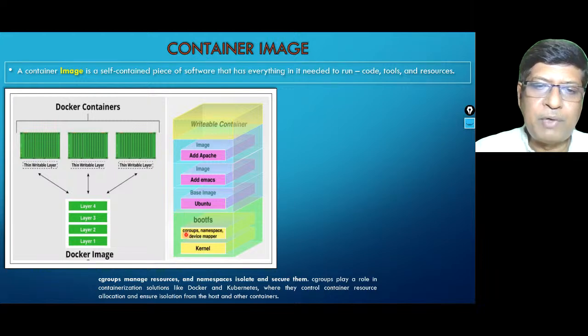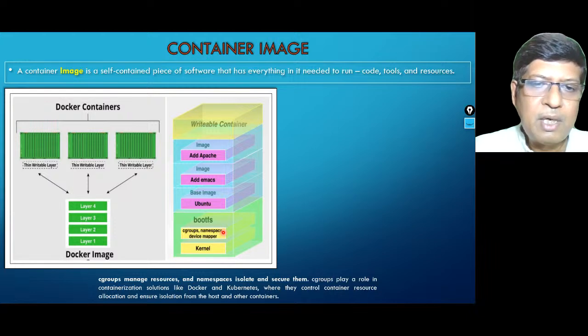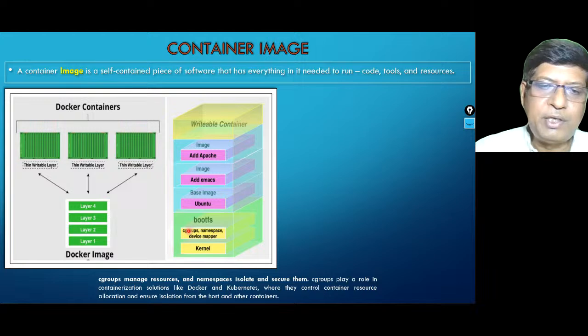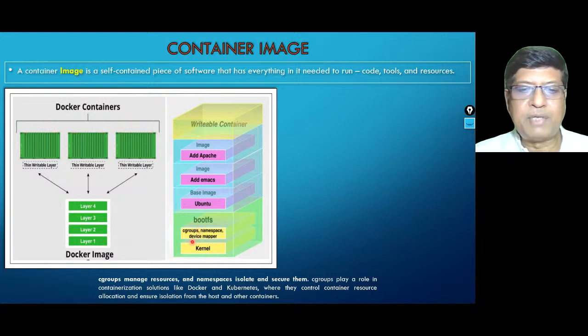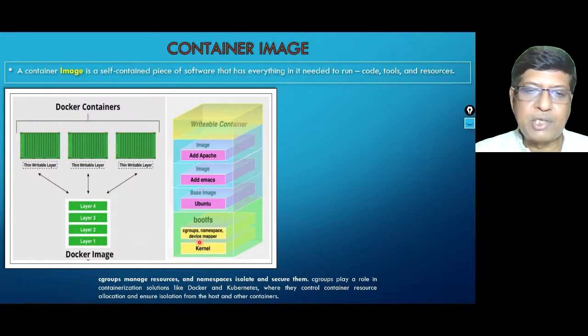The internal environment will have namespaces; it divides the entire space into namespaces for segregation of the environment. And you have the C groups, which are the managers, and you have the kernel. Through the C groups, the kernel will manage the resources. The kernel is an internal environment of the container.